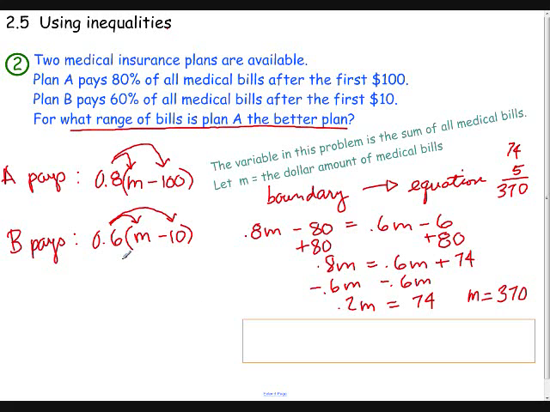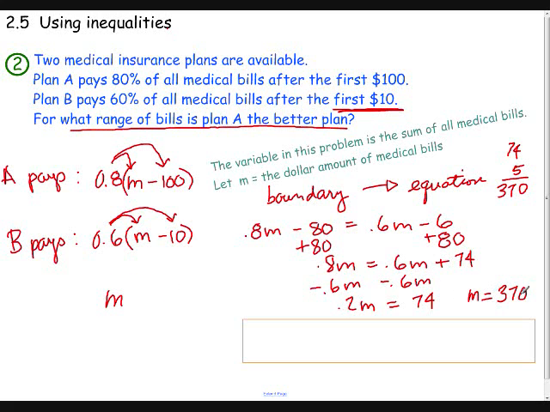We have to figure out, if I have very few bills, which plan is going to be the better plan for me? Well, if I have very few bills, I think this would be best, wouldn't it? But if I have a lot of bills, Plan A is going to be the better plan. So for what range of bills is A the better plan?